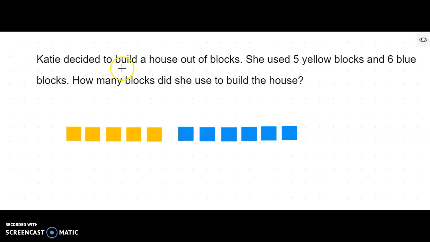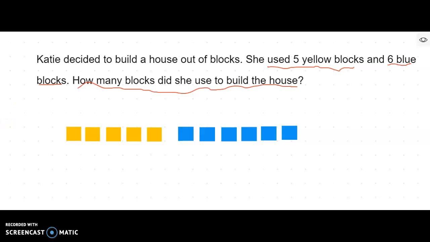So the information I already have is that Katie used 5 yellow blocks and 6 blue blocks to build her house. What I want to know is how many blocks did she use to build the house?